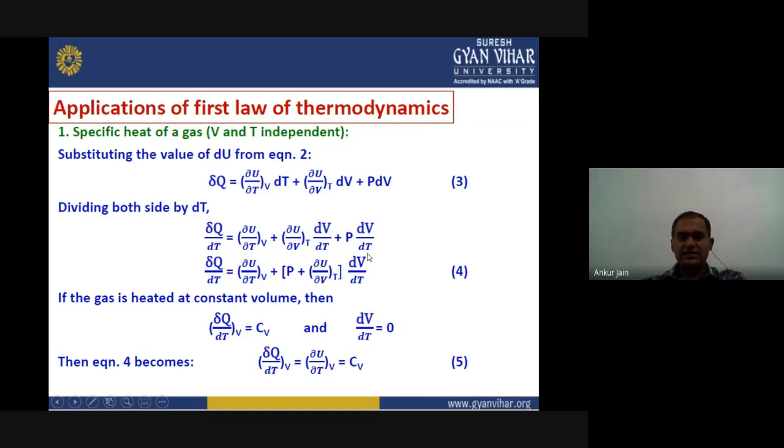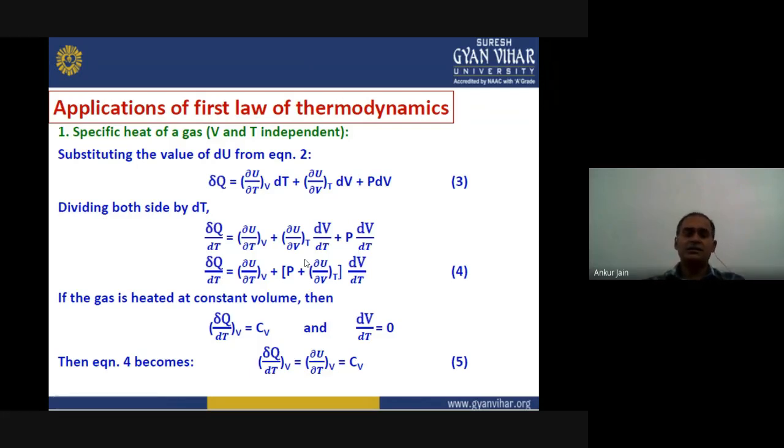If we rearrange it, you can see that this term and this term are common here. We are rearranging: del Q upon dT equals del U upon del T at constant volume plus bracket P plus del U upon del V at constant temperature into dV upon dT. Let us assume this as equation number 4.